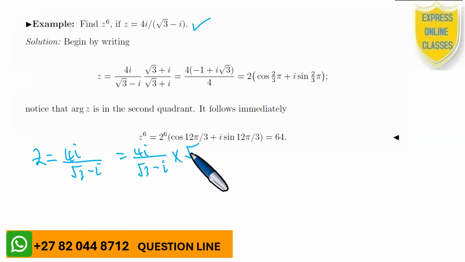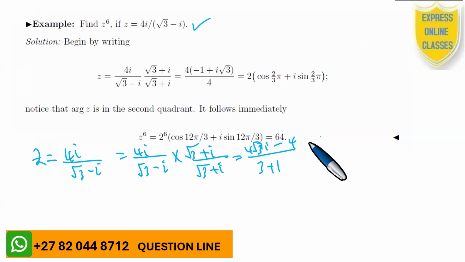So you multiply by the square root of 3 plus i, over the square root of 3 plus i. And this is 3 plus 1. We multiply here, which becomes 4 root 3 i minus 4. We divide by 4, and 4 root 3 i out of 4 is exactly root 3 i minus 1.